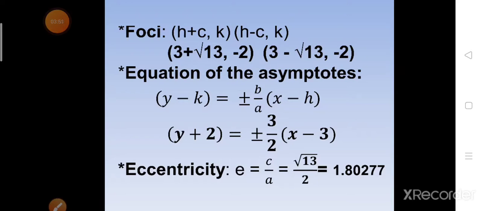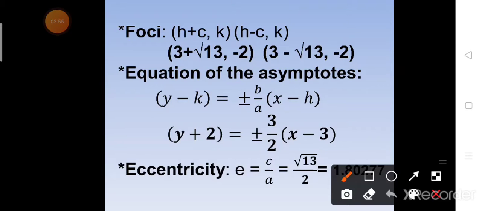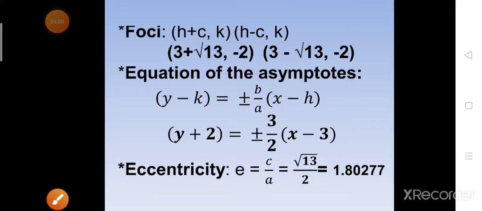We have the value of c, which is the square root of 13. So we have (3 plus square root of 13, negative 2) and (3 minus square root of 13, negative 2). So that is our foci.